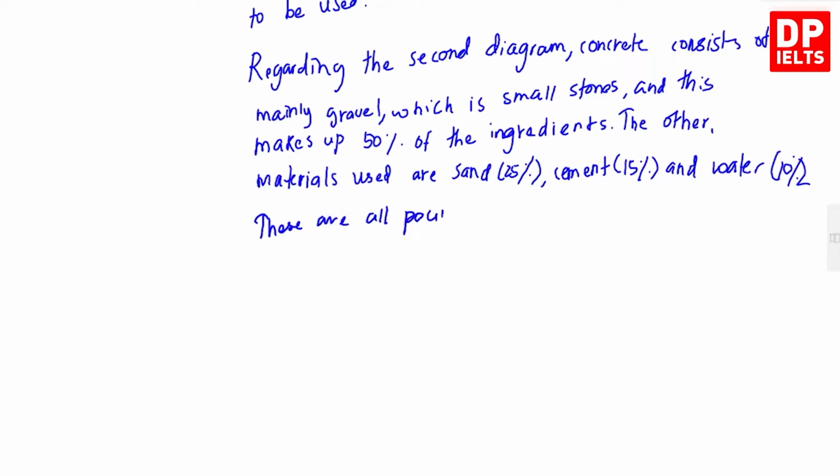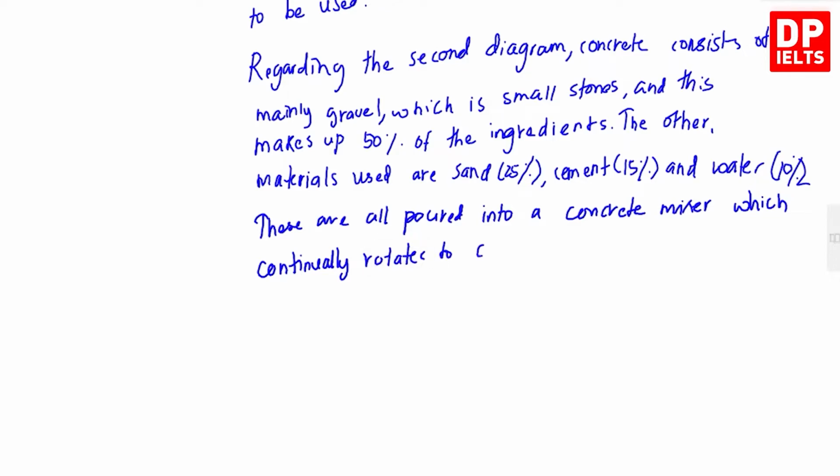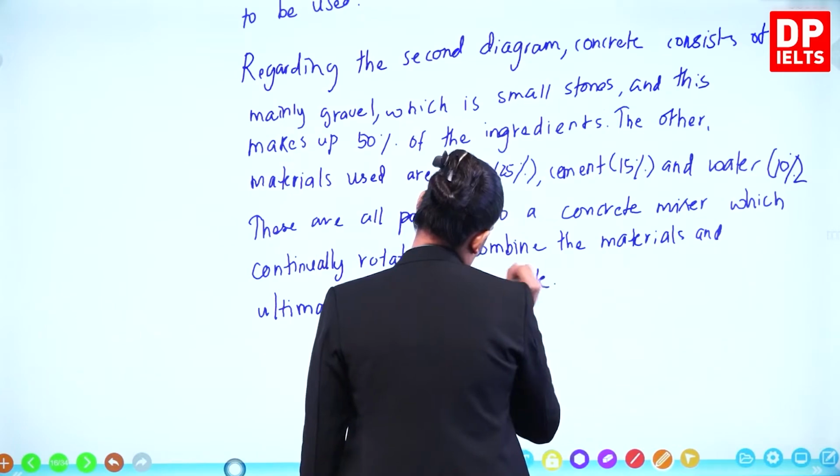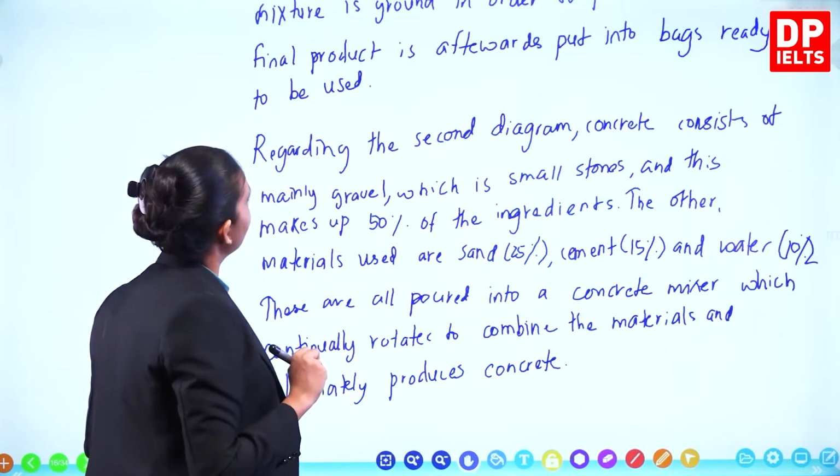These are all put into a concrete mixer which continually rotates to combine the materials and ultimately produces concrete.